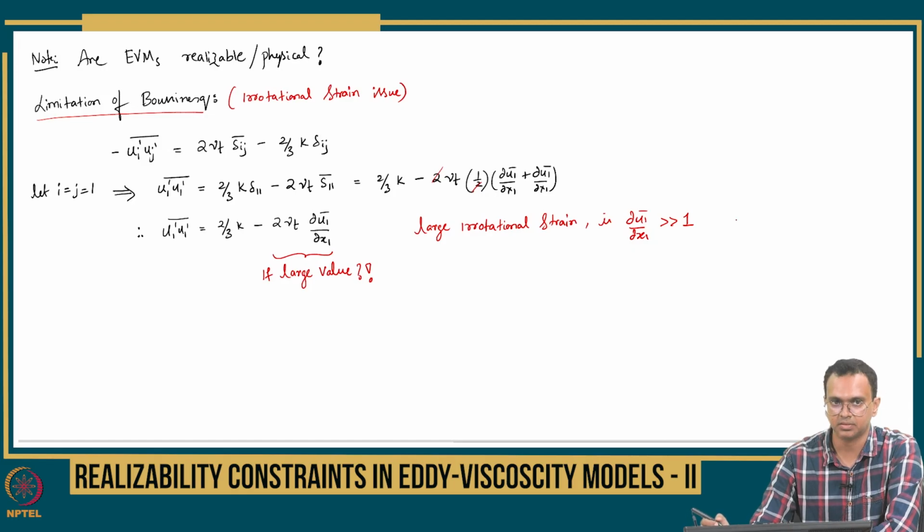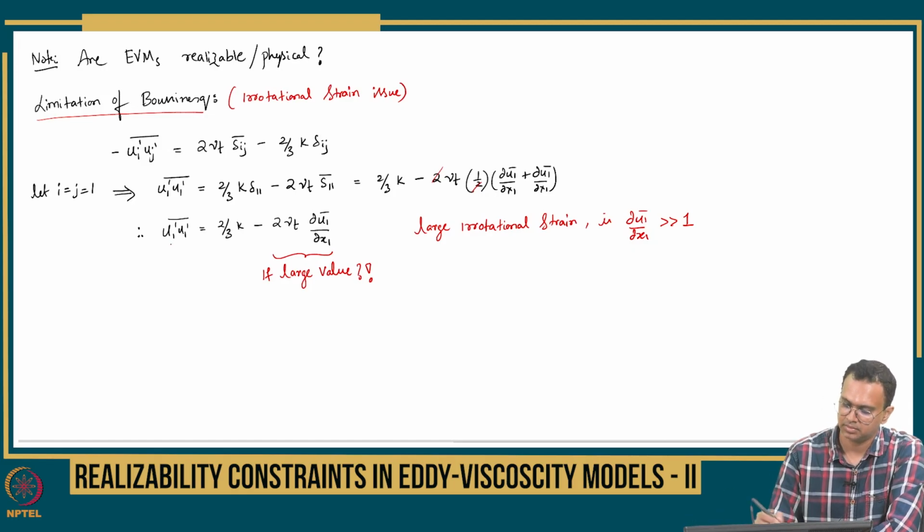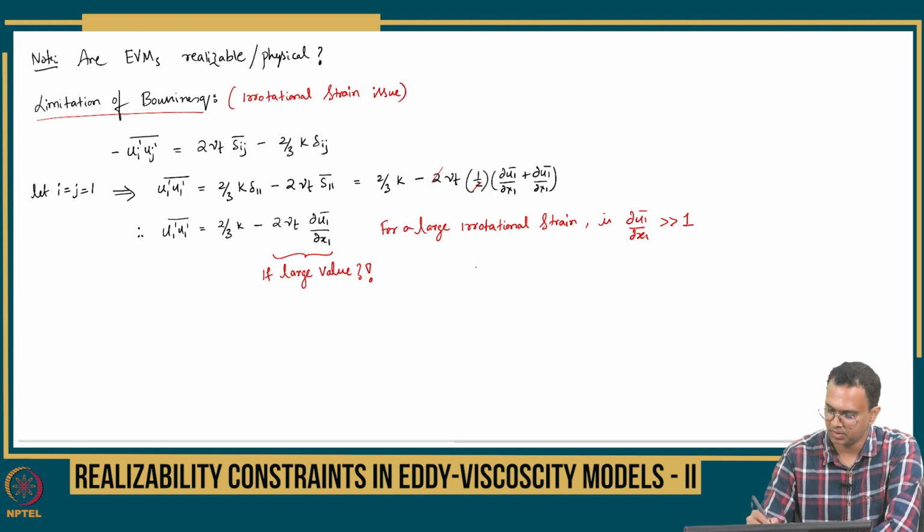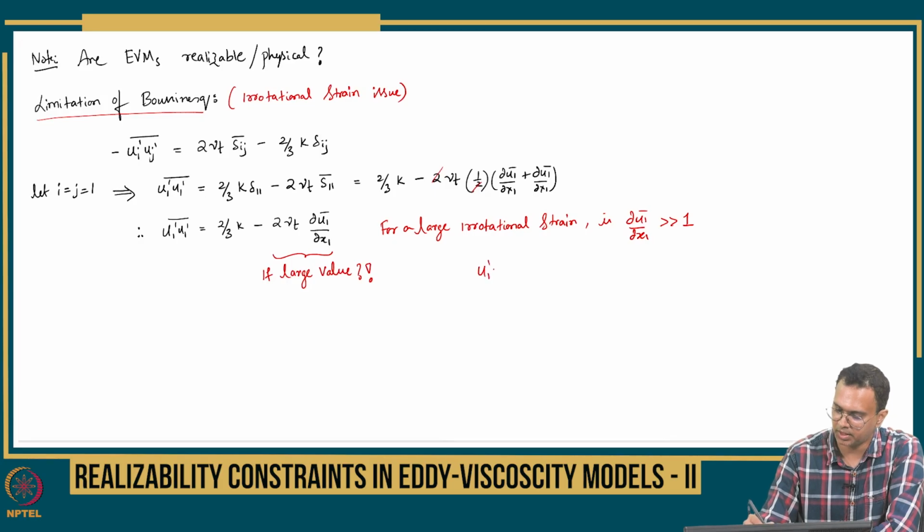If this happens, then for a large irrotational strain, this u1 prime squared can become negative, right?